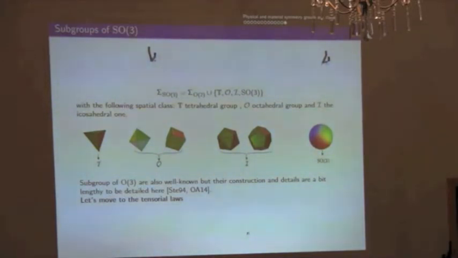So I keep what I showed you for SO2, and I will add some new figures, and these new figures are specific to the third dimension. And indeed they are the symmetry groups, modulo one rotation, put in concordance, that are the symmetries that leave the Platonic solids invariant.